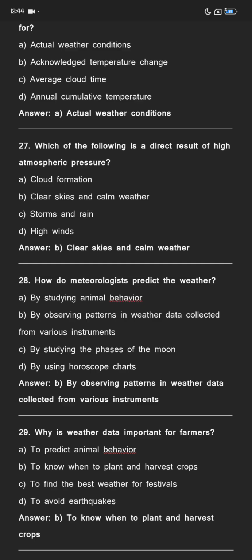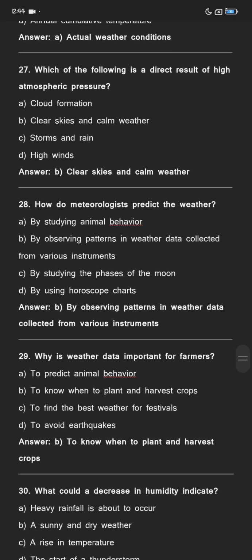How do meteorologists predict the weather? By studying animal behavior, by observing patterns in weather data collected from various instruments, by studying the phases of the moon, by using horoscope charts. The answer is by observing patterns in weather data collected from various instruments.